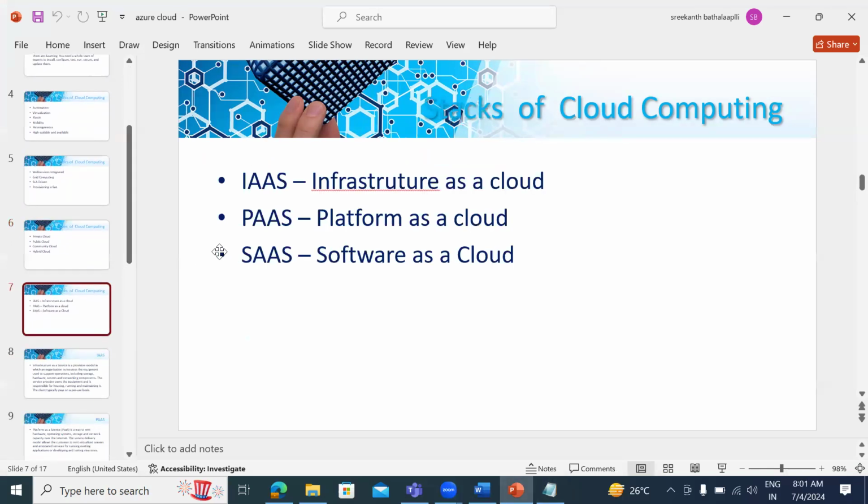what are the services or stacks offered by cloud? The first one is IaaS. IaaS stands for infrastructure as a service. PaaS stands for platform as a service. SaaS stands for software as a service.